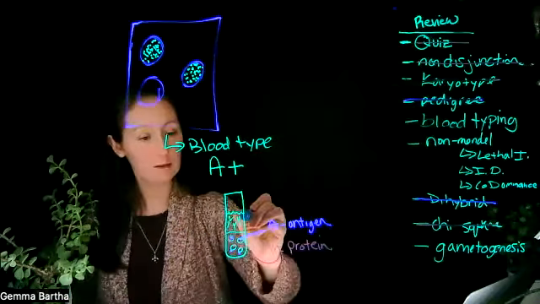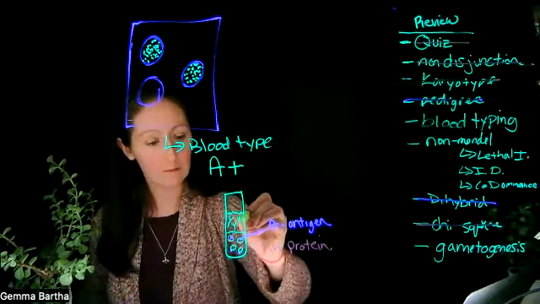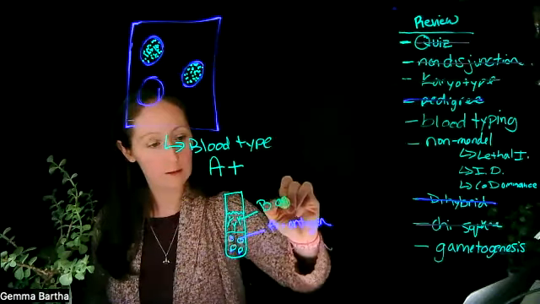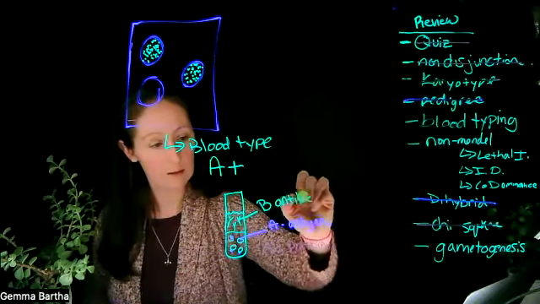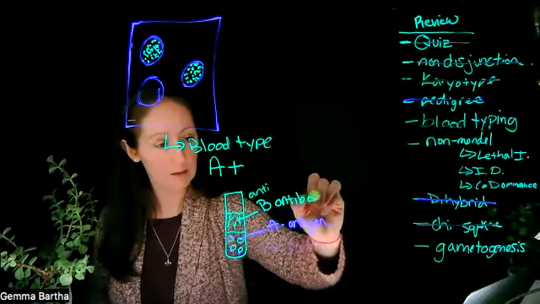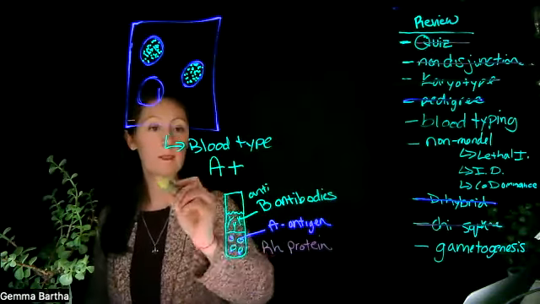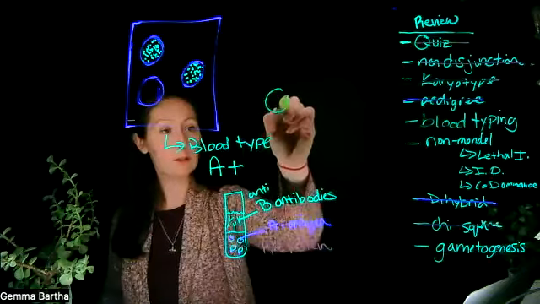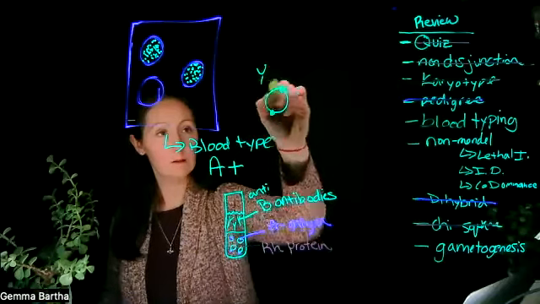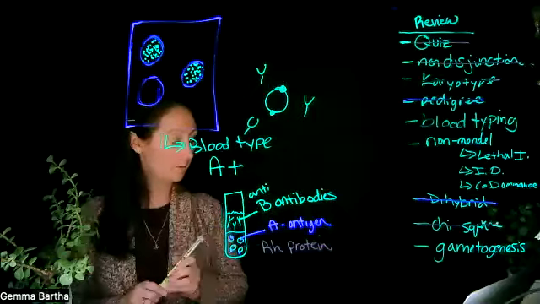The Y is going to be the B, the anti-B antibodies. Okay. So it should look like something like that.